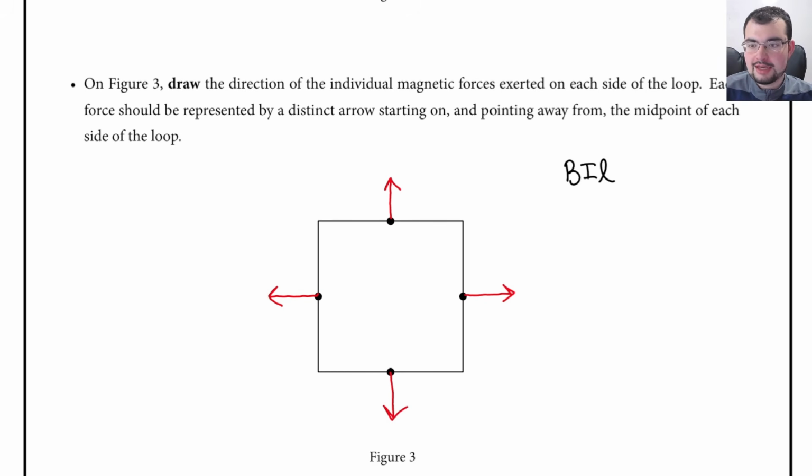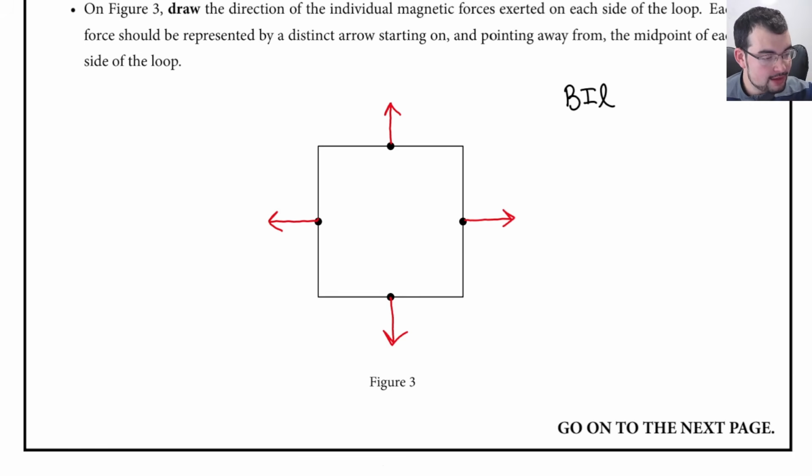So it makes sense, actually, because the B field is trying to expand the loop, which makes sense because the flux is decreasing through the loop, so the loop is going to try to expand to restore that flux. Now, there's not a grid here, but if we had a grid, maybe it's important to actually think about this. If we had a grid, the B field is the strongest on the close side of the loop.